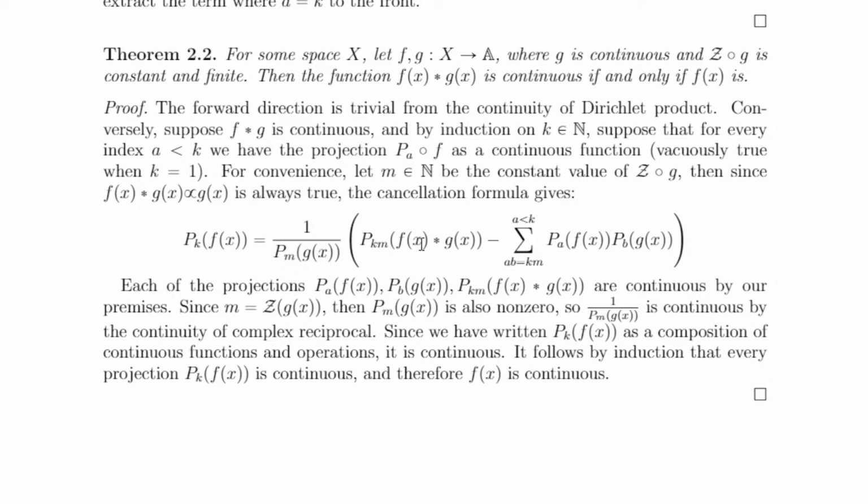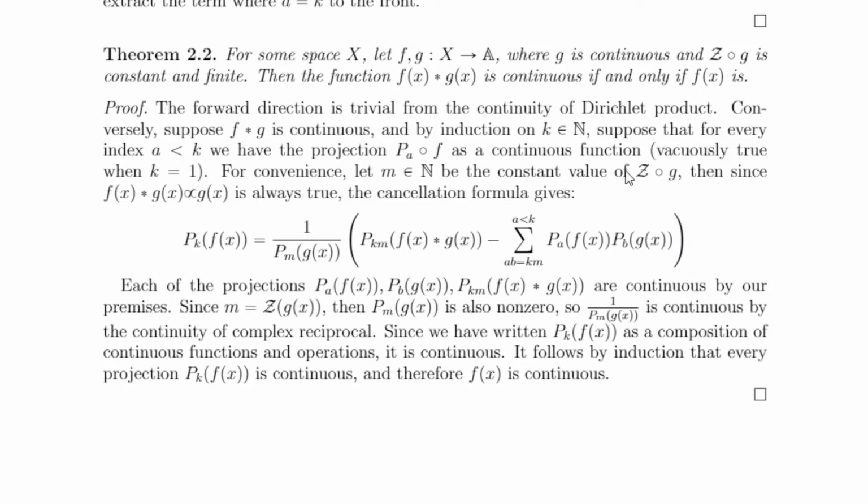We have a projection of f times g. So we've taken by premise that f times g is continuous. We have this finite summation. We have these lesser projections of f, the ath projection of f where a is less than k. So all of these are continuous. And then we have these projections of g. Because g is continuous, we know that these projections are continuous as well.